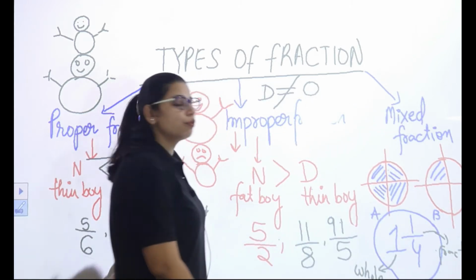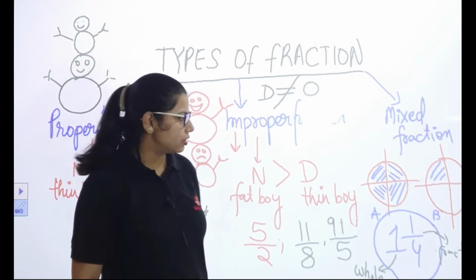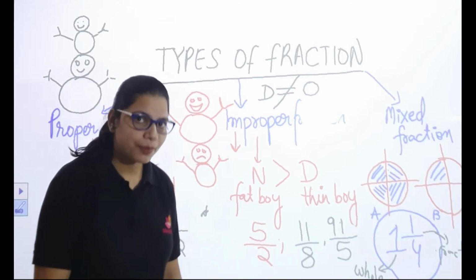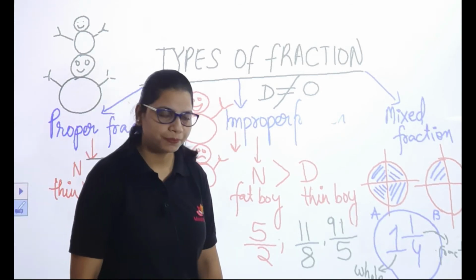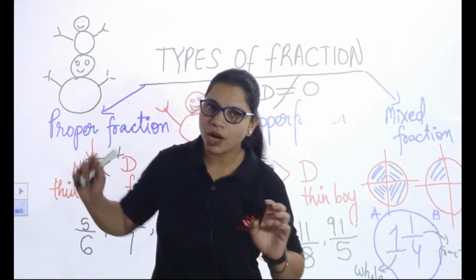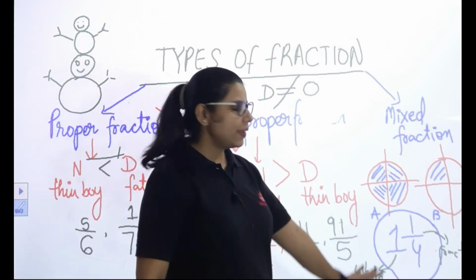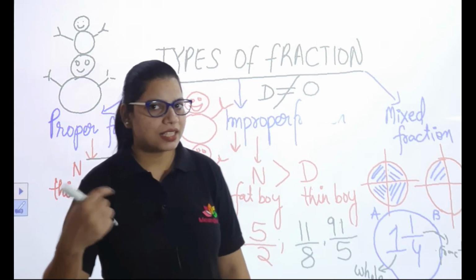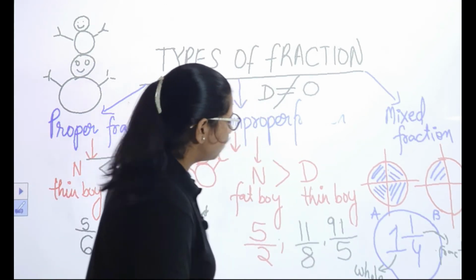One is whole and 1/4 is fraction. Understanding? Any problem? So this is what we have discussed about proper, improper and mixed fraction. Let's discuss mixed fraction a little more.